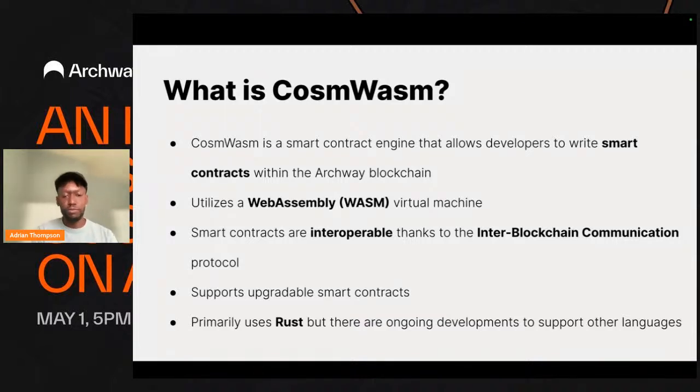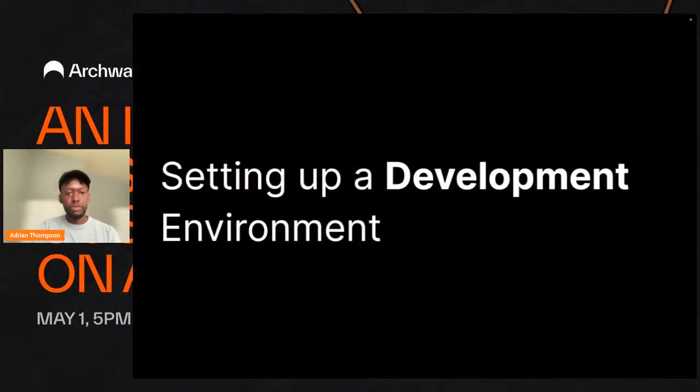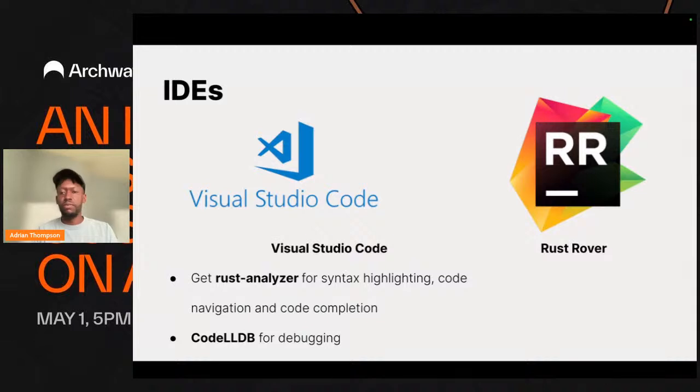As I said, Rust is the primary language used, but we're definitely looking to add additional languages as well. So the first thing we're going to be doing is setting up a dev environment. There are two primary IDEs that you'd usually use for building Rust-based applications. I don't remember the name, but this IDE, what's the name?